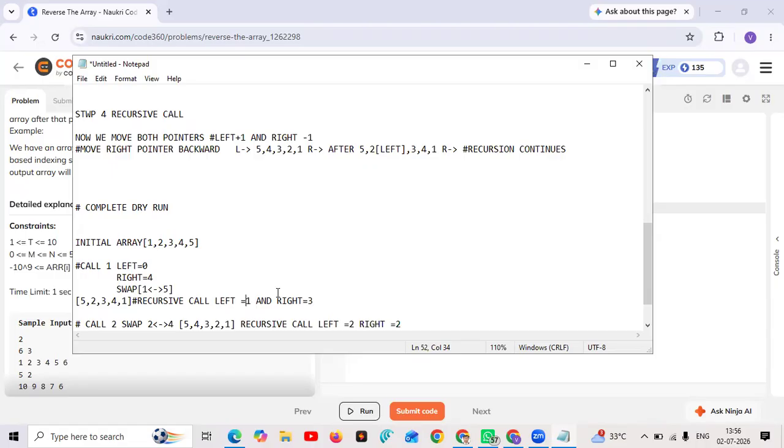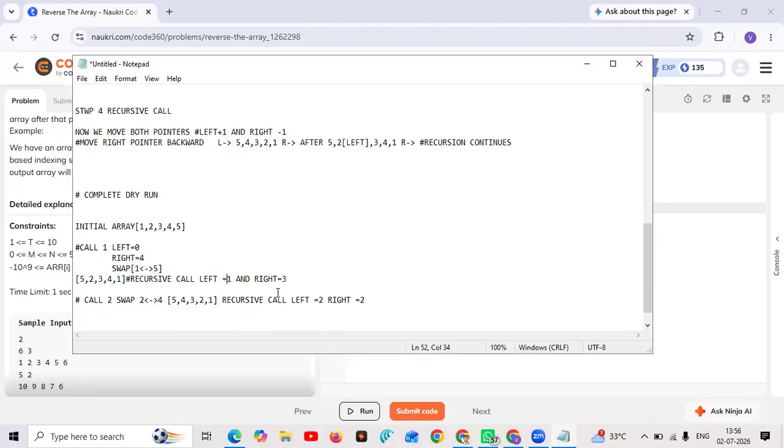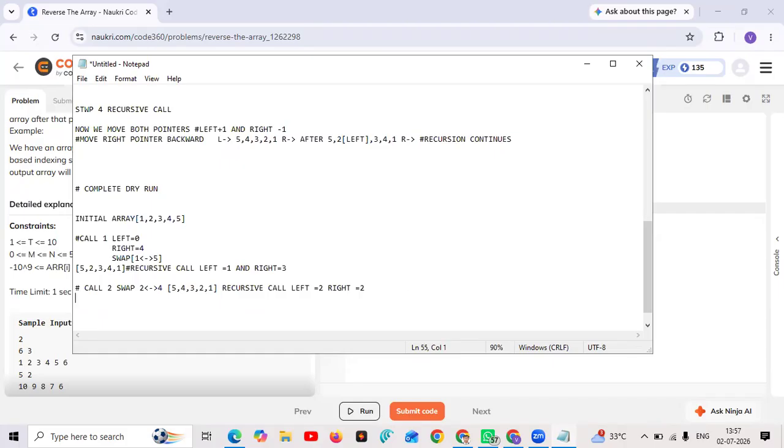We're merely talking about the indexes, not about the elements. Now we did perform the call, and now move to call 3. So left is equal to right. As I told, either the pointers meet each other or the pointers cross each other. We met with a situation where the pointers are meeting each other, so that means the base case becomes true.